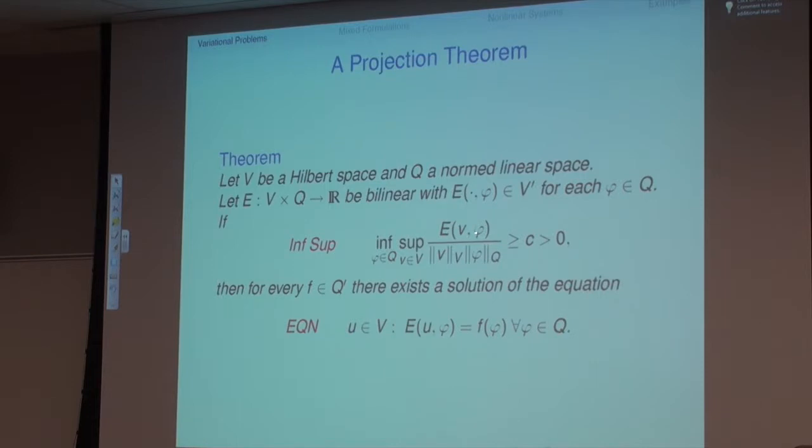If that is bigger than or equal to C times the norm of phi for every phi, that's what the inf-sup condition is telling us. The dual operator E prime is bounding the Q norm of phi. If that's true, then for every linear function on Q, there exists exactly one solution of this equation.